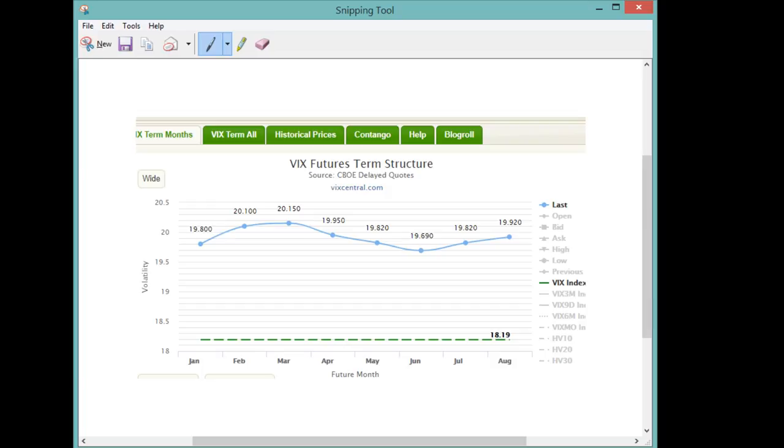But what matters to us immediately, and what affects the actual pricing of UVXY and VXX, is only these first 2 months, so January and February. We watch the other stuff because that will come into play later, but what immediately affects us is the first 2 months. And we can see here that January is cheaper than February. Thus, we are in Contango right now.